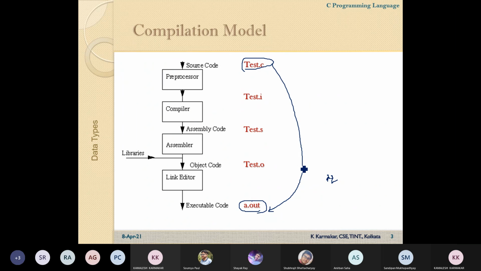After generating this executable file, it is basically machine level code. This machine level program will run on your system. How will it be converted from this .c file to the executable file? I will show you the steps so that you can understand how it is being converted.